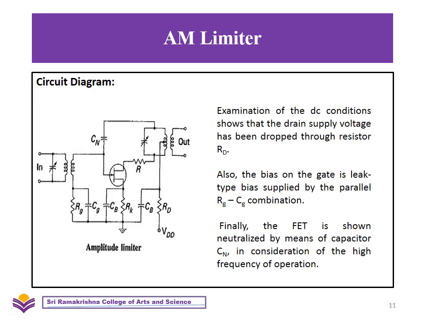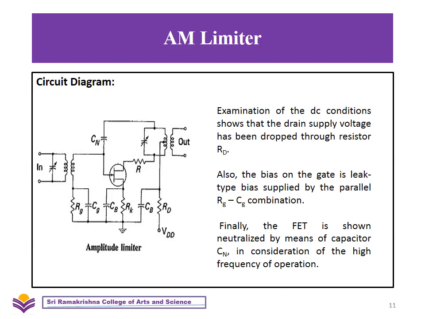The secondary is connected to the base of the FET circuit. This will process the signal and produce an output at the primary of the second transformer. At the secondary, you will receive an amplitude limited frequency modulated wave at the output. Here the explanation is given.